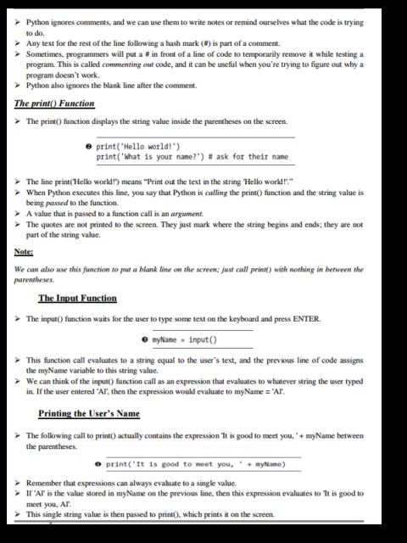Sometimes programmers will put a hash in front of a line of code to temporarily remove it while testing a program. This is called commenting out code and it can be useful when you are trying to figure out why a program does not work. Python also ignores the blank line after the comment.